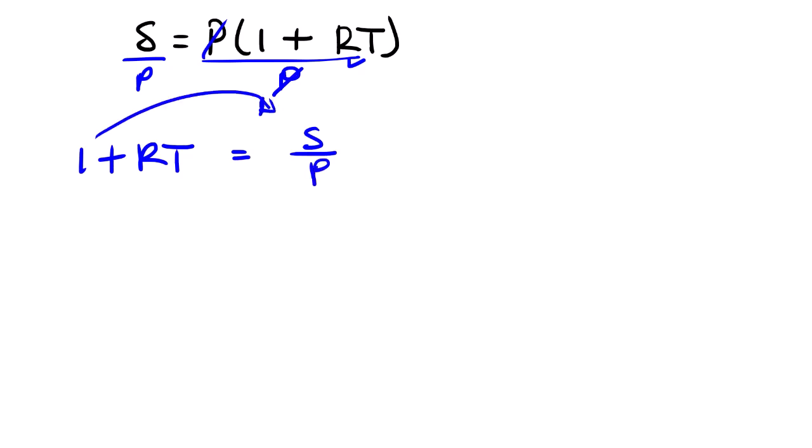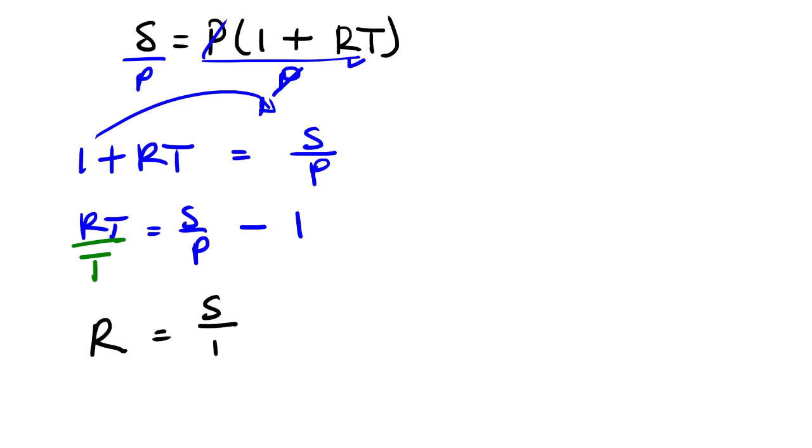Then we transpose this to the other side, we have RT equals S over P minus 1, and then we divide both sides by T. So we have R equals (S over P minus 1) divided by T. Then we can go ahead and substitute and see what we are going to get.